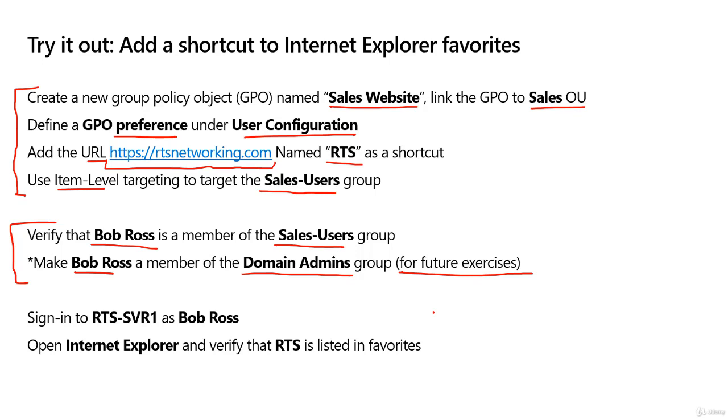So that is not directly related to group policy, just something that we're going to do so everything works for us in future exercises. Once that's verified in Active Directory, I'm going to sign into RTS Serve 1, and I'm going to log in as Bob Ross. We're going to go to Internet Explorer, and I'm going to verify that RTS is actually in favorites in the Internet Explorer. Now let's configure all those settings.